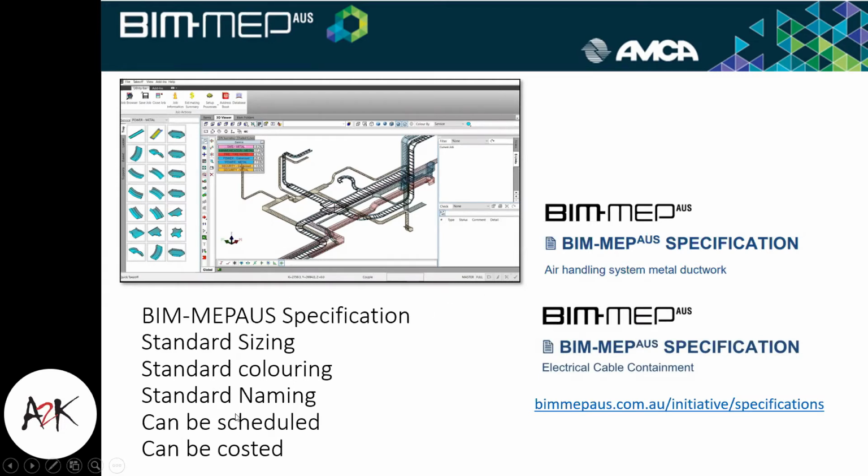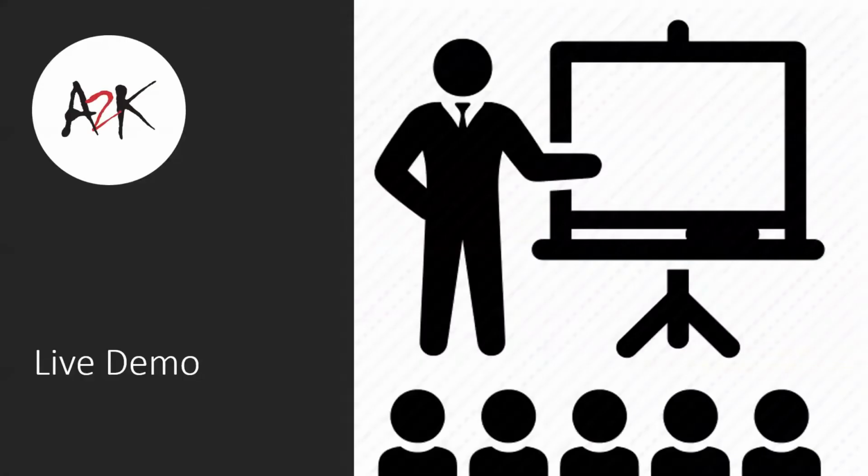So you can get a better understanding of what the content is, how it's customized, why, and what the standards are. Those specification documents pretty much house all of that information. And once again, if you've got any more questions, we can reach out and have a chat. Okay, so let me jump into Revit now.